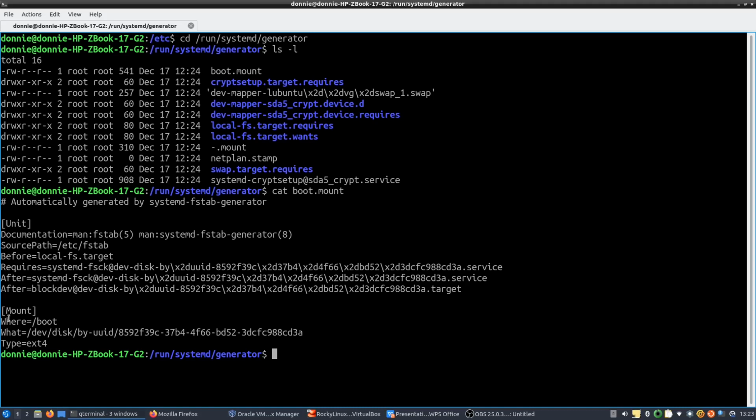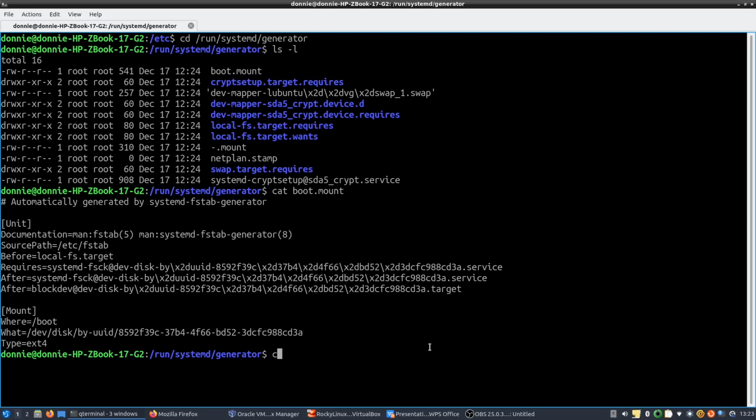And then down here just shows where the mount is. Yes, this is the boot, and we're mounting it via the UUID number, and it is type ext4. And again, that's just all the information that is in the fstab file in the etc directory.